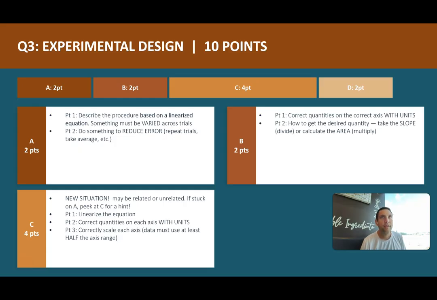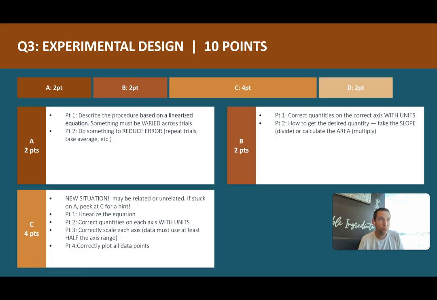Also, use the whole graph. Don't have a really super small graph. I haven't seen issues with that this year, anyway, at the time of this recording, but good practice. Finally, the last point is to plot data points. The data that they give you might be what you just need to plot.